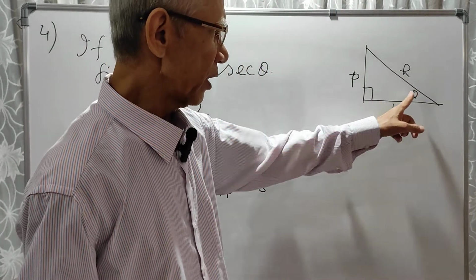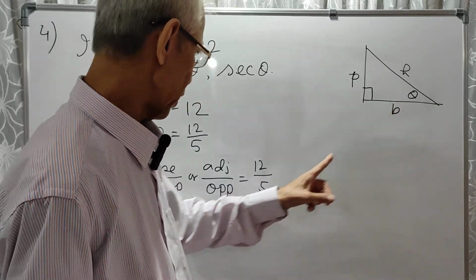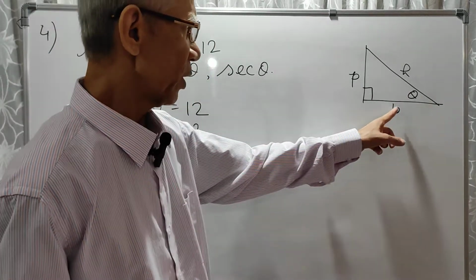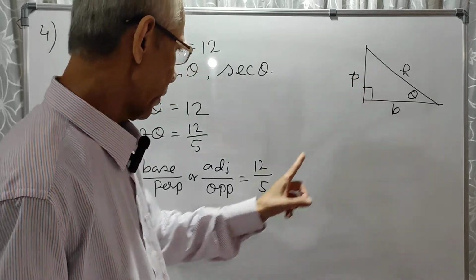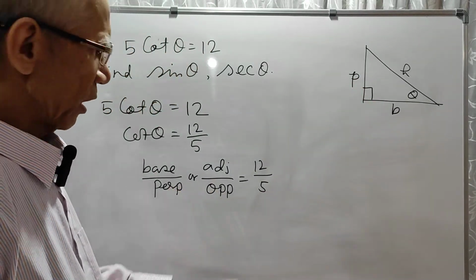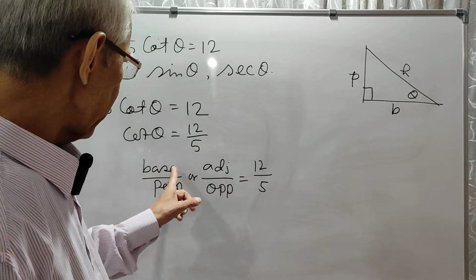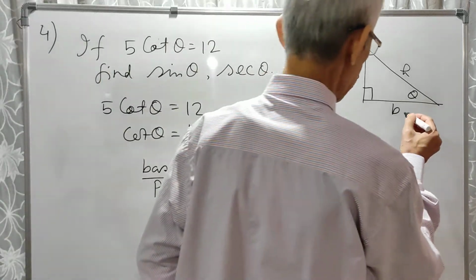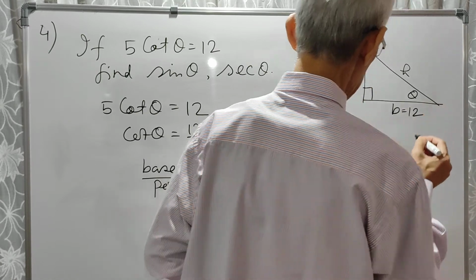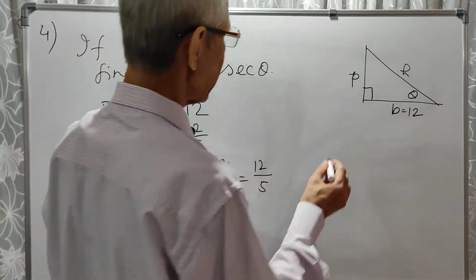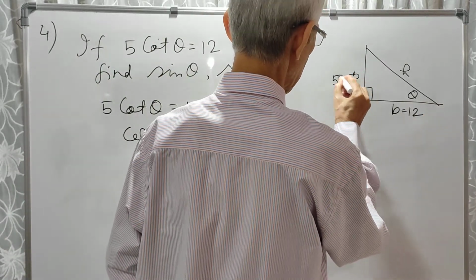So this is the angle theta, this is base or adjacent, this one, and this is opposite or perpendicular. So that is equal to given 12 by 5. So that means this one we can take base or adjacent as 12, and this perpendicular or opposite we can take as 5. So that is the thing.